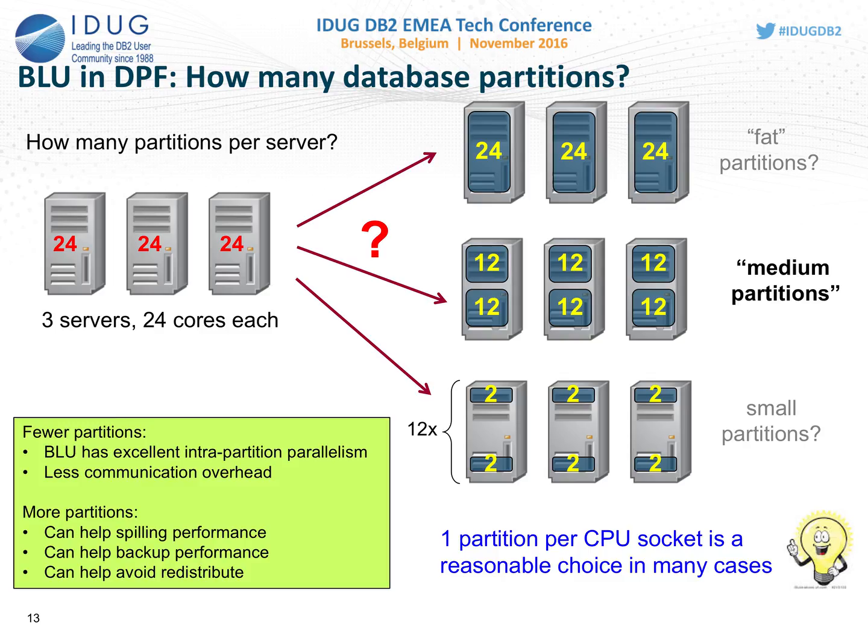But if you're building a new system, then as a rough rule of thumb, I would say a medium design is usually good for most requirements. So roughly 1 partition per CPU socket is something that I would use for a new DPF configuration with BLU.